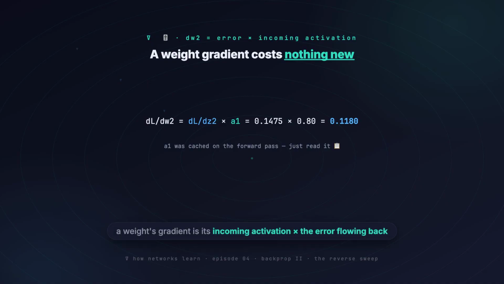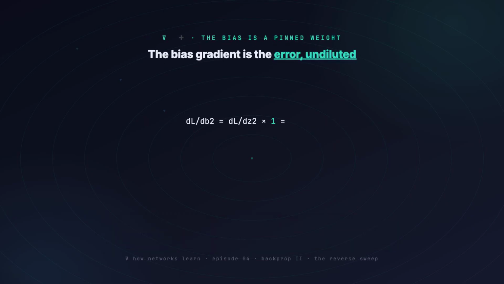Nothing more. The bias is even simpler. dL/db2 is dL/dz2 times dz2/db2, and dz2/db2 is 1, because the bias just adds. So db2 equals the error exactly, 0.1475. A common wrong intuition is that bias gradients are some separate species. They're not. A bias is a weight whose input is permanently pinned at 1. Its gradient is just the error, undiluted.